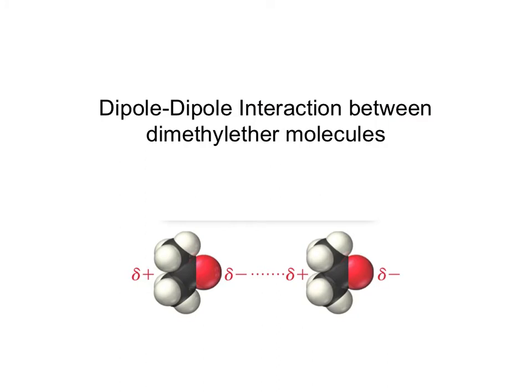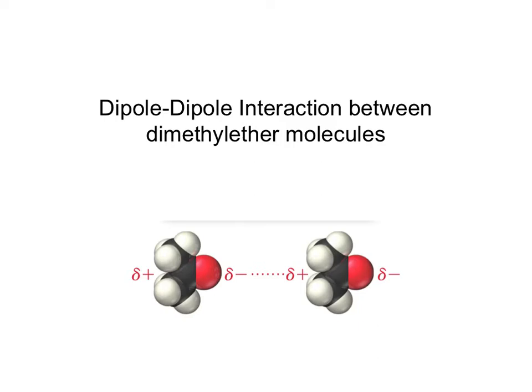All right, that was the first one. The second one is called dipole-dipole interaction. This has to do with two polar molecules that are interacting. So they have permanent dipoles as opposed to a transitory dipole for London forces. And this is dimethyl ether.